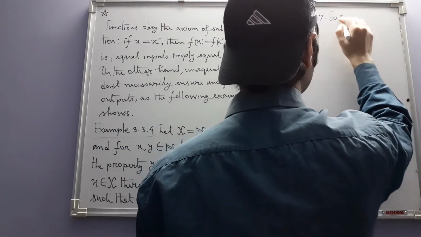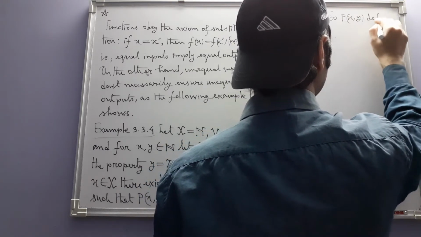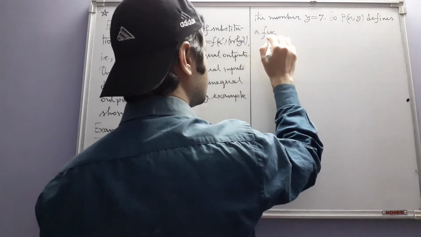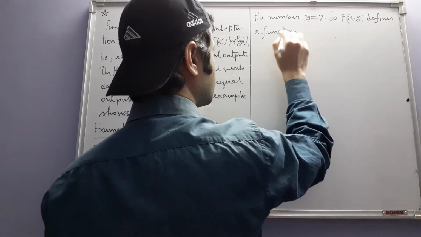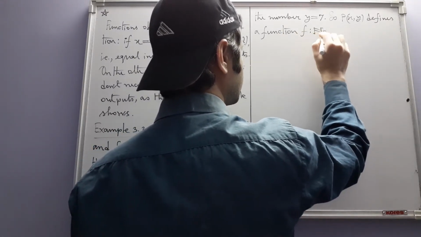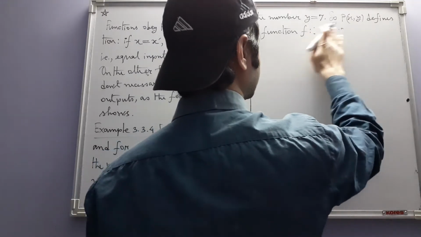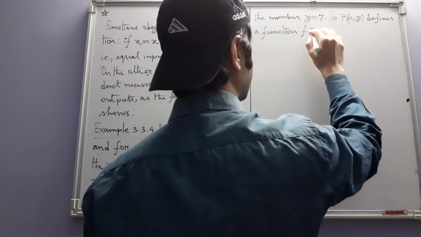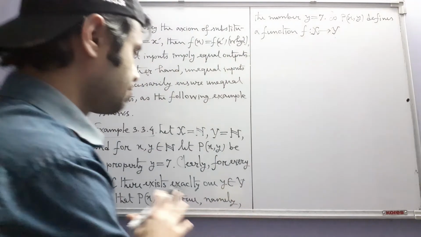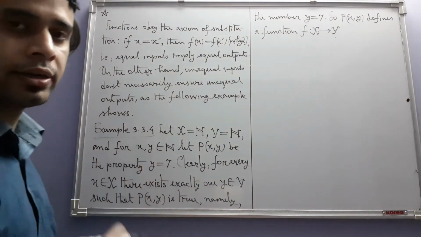So P(x, y) defines a function f from X to Y, means from N to N, or I think it's better to write X to Y, because for us both X and Y are N, but this is how we generally write this.